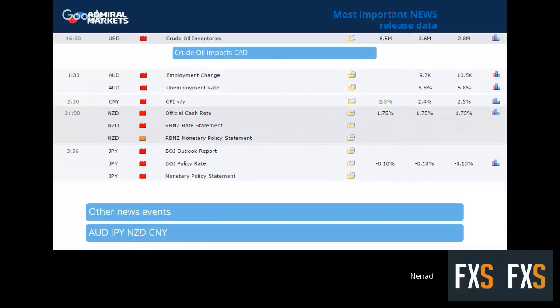Also, for you guys who live across the ocean or in Asia Pacific region, you might try to trade Australian dollar, Chinese data, New Zealand, and yen. Don't forget that equities, especially Nikkei, we call it equities.